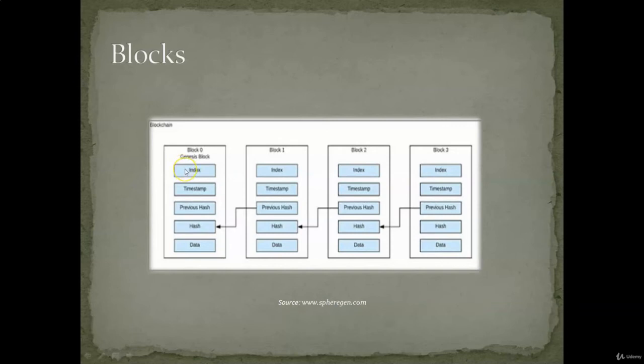So each block stores some values that are helpful to form a chain and determine blocks. You can see it here: the index value, the index for the block 0, 1, 2, 3 and so on, the timestamp, the previous hash, the hash of the current block, and the data, usually transaction data, etc.